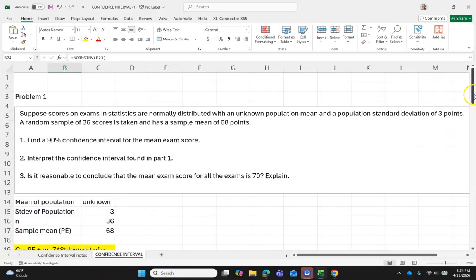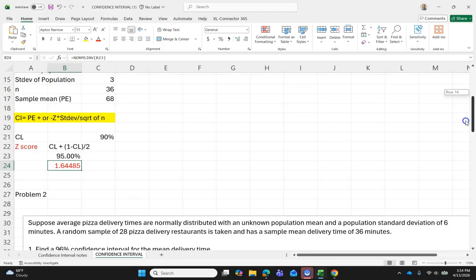Since we have the z-score, which is 1.64485, we need to find the standard error, and standard error is standard deviation divided by the square root of n.